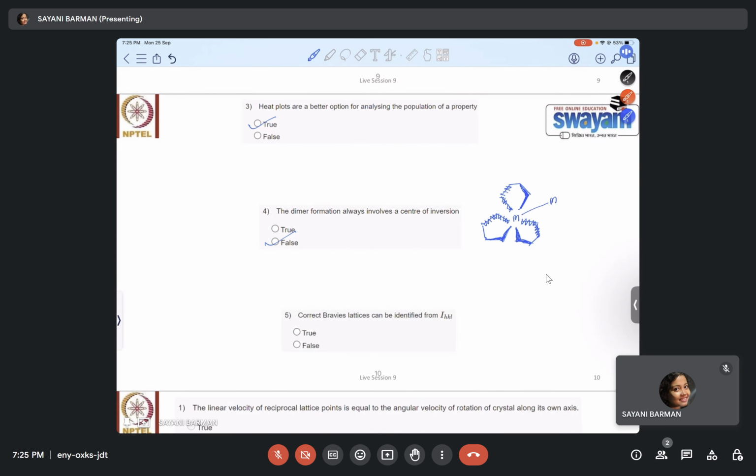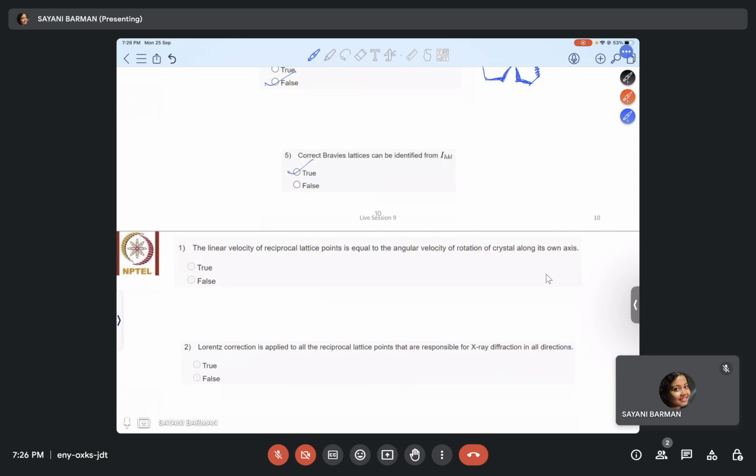The next one is, the linear velocity of the reciprocal lattice points is equal to the angular velocity of rotation of crystal along its own axis.